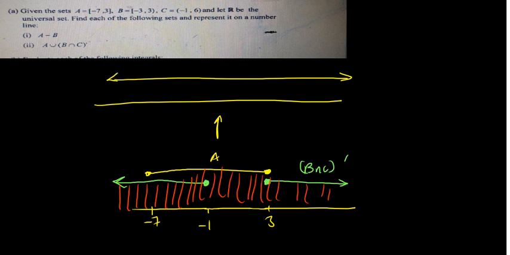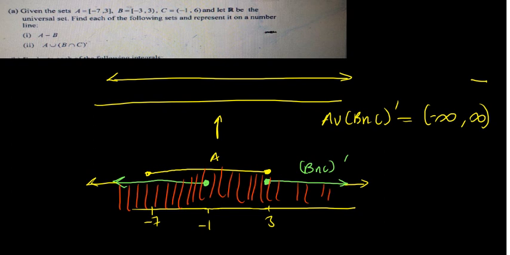It will include all numbers because we can see the arrow continuing to go like that. So therefore A union B intersection C complement is the set of all real numbers from negative infinity to positive infinity. For infinity you should never use closed brackets because we don't know the exact number infinity is, so you always use open brackets.